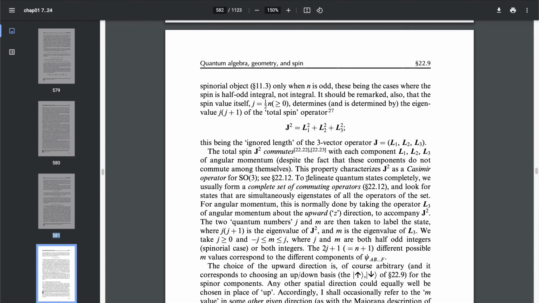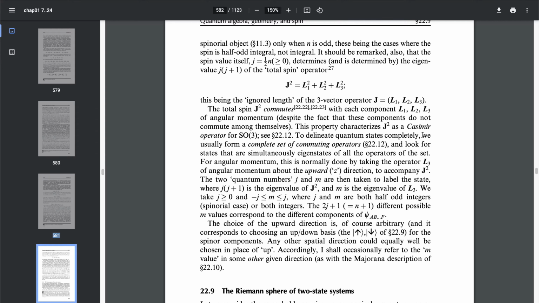And to delineate quantum states completely, we usually form a complete set of commuting operators, as we will see in subchapter 12 of chapter 22. And we look for the states that are simultaneously eigenstates of all the operators of the set. Okay, and for angular momentum, this is normally done by taking the operator L3 of angular momentum about the z direction and accompanying it with J squared.